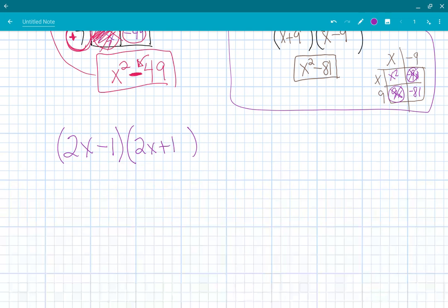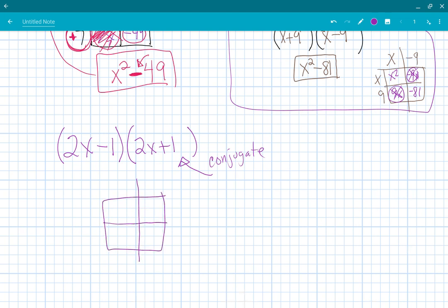By the way, the fraternal twin has a fancy name. You don't have to know this, but it's called a conjugate. The conjugate is the other twin. Okay, all right. There's a telephone ringing in the background. It's okay. All right, so here is my area model. 2x minus 1, 2x plus 1.